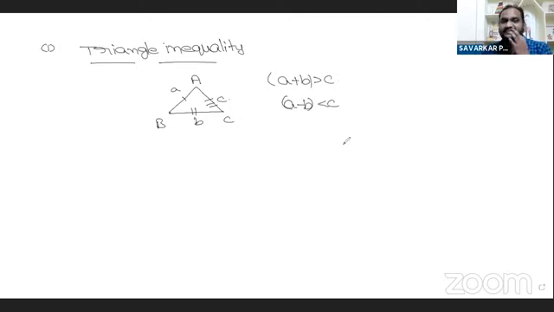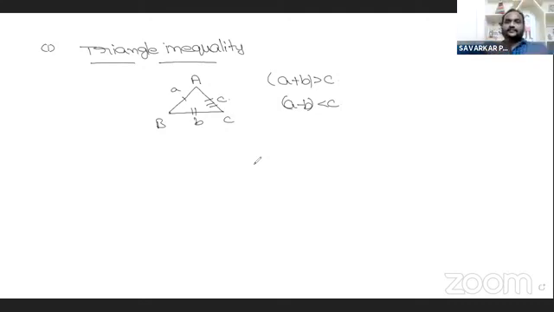Difference is always less than the third side. How can we say this? If you are having a flat line, if A and C lie on B, then A plus C is equal to B.